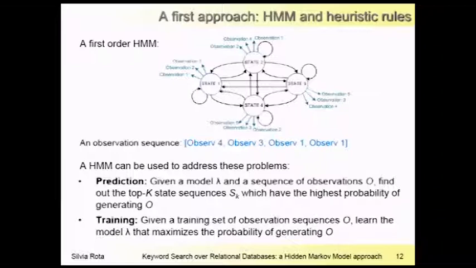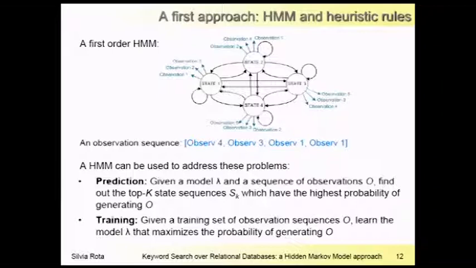If you want to draw it in graphical form, there are states that are connected by links called transitions, and there are emissions. Each state has observations that are emitted from the states. Basically, the model represents a situation in which an observer can observe a sequence of observations, written in blue, and the observations are believed to depend on some hidden states that act behind the model and are not clearly visible.